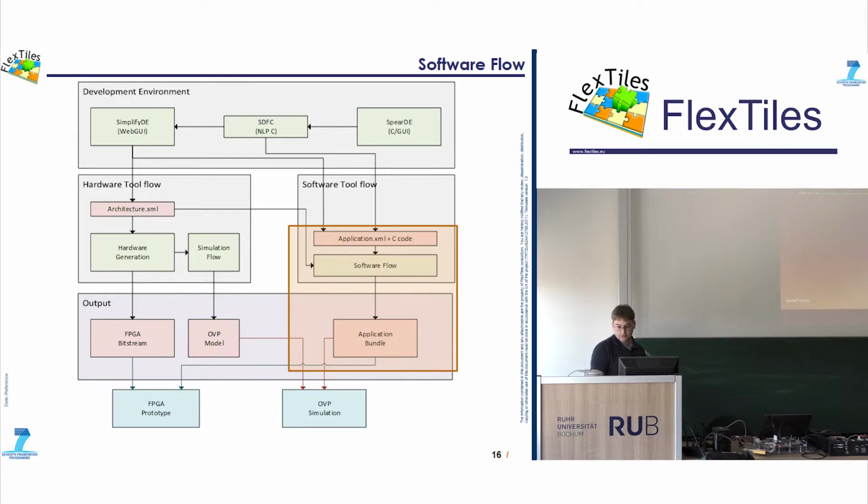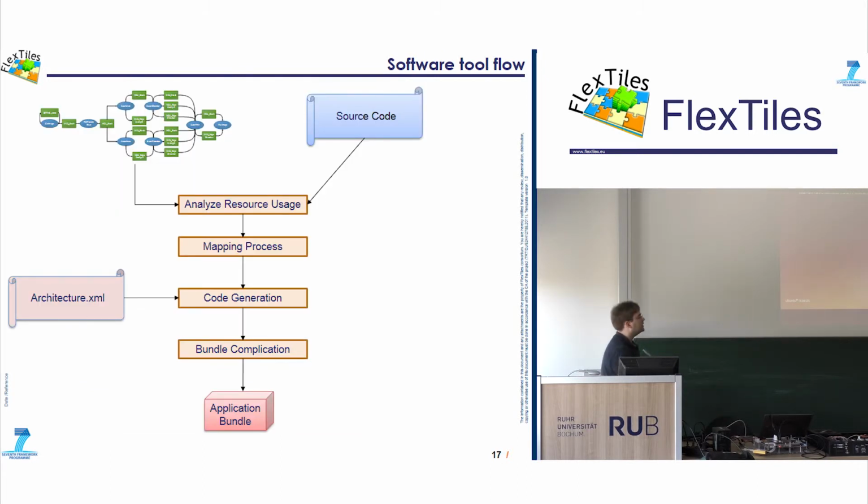The application tool flow takes the application we've shown before. So what you see here, we have the description of the SUSE application, which is the graph. We have the source code of each of the actors. The first thing we're going to do is analyze the resource usage of each actor, so we have a little bit of an idea of how big this virtual platform on which we're going to run it should be.